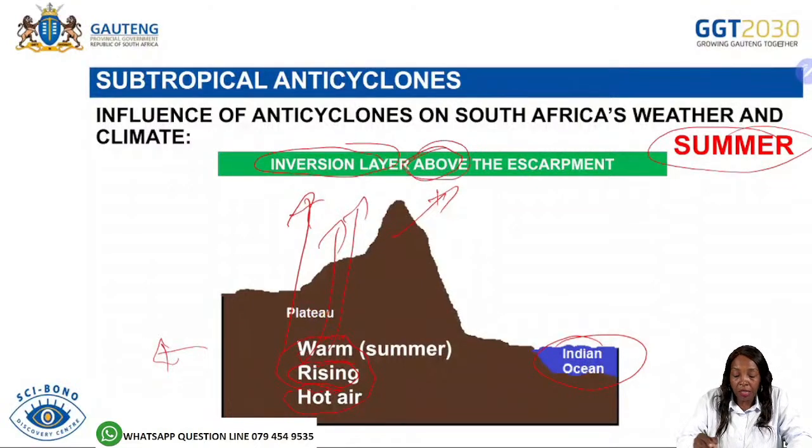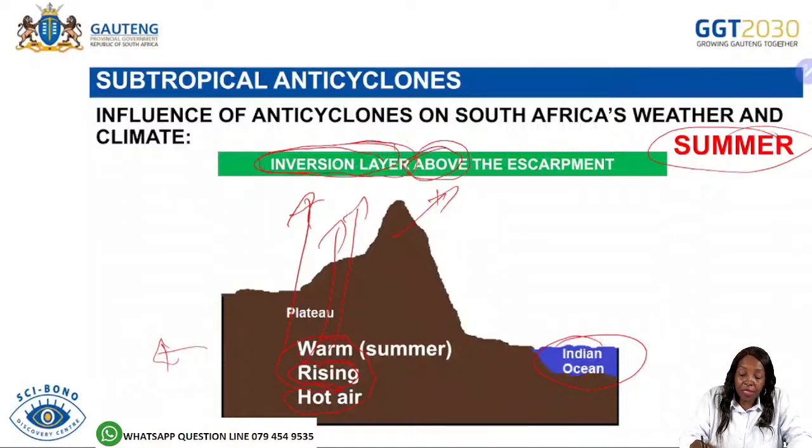So this is key in the statement. The inversion layer is formed above the escarpment. So the higher you go, the warmer it is there. Right. So how then is the position of the inversion layer having influence onto South Africa's weather? We can see, and mainly, remember I said it's because of the movement of the Kalahari high pressure.